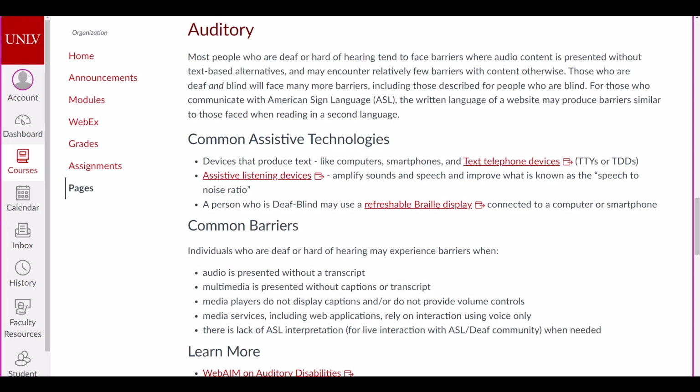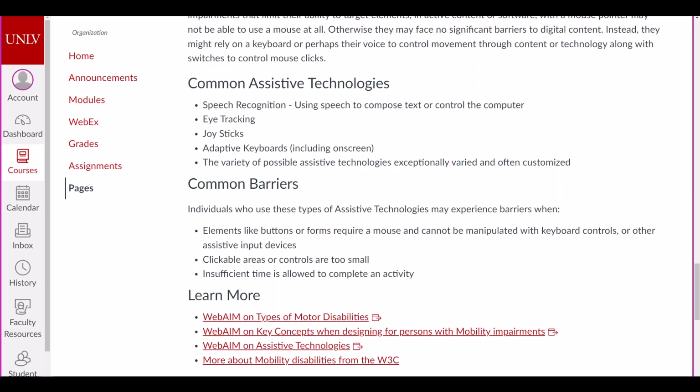There is a lack of ASL interpretation for live interaction with ASL or deaf community when needed. Please find additional auditory disability resources found in the Learn More section.